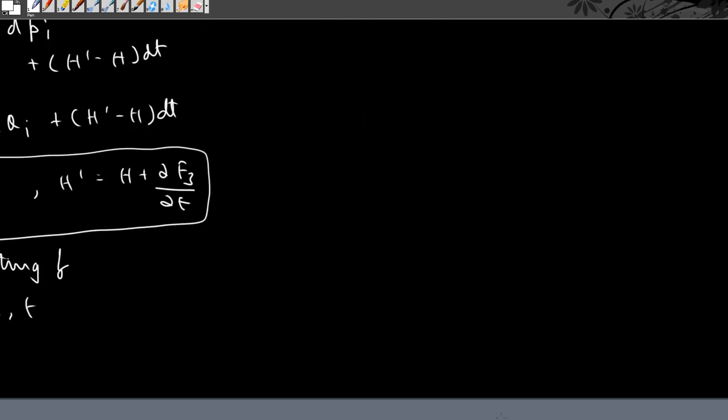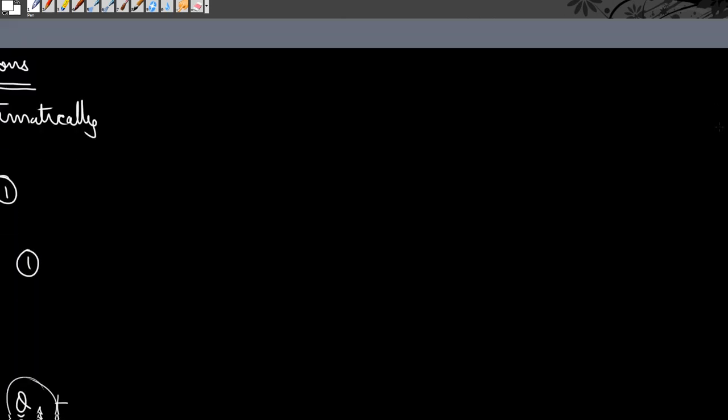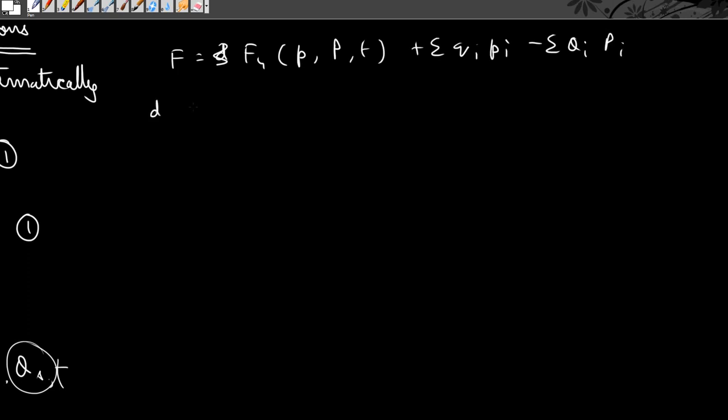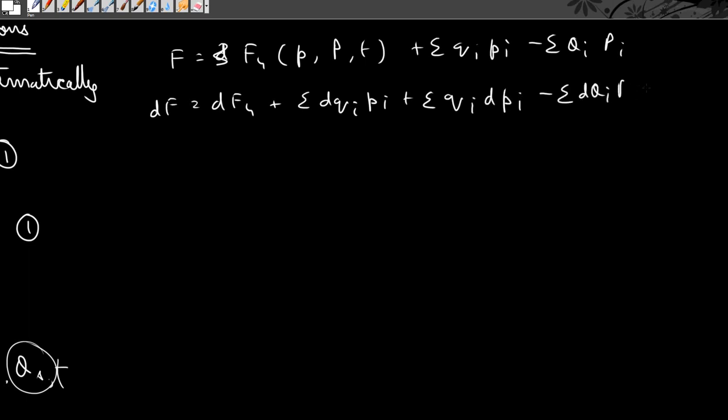Okay, in the same manner, if we write f as equal to some f4, which is now a function of the old momenta, new momenta and time, plus summation qi pi minus summation qi pi, then we have df equal to df4 plus summation dqi pi plus summation qi dpi minus summation dqi pi minus summation qi dpi.